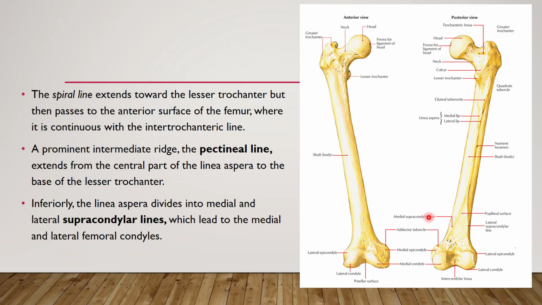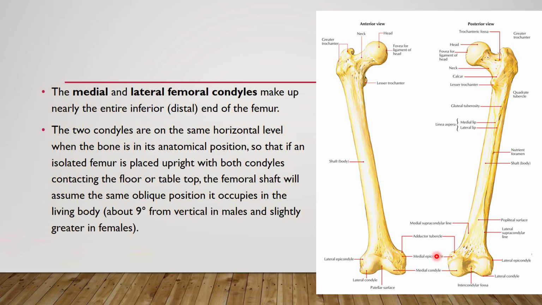The line on the medial side is called the medial supracondylar line. This is the medial supracondylar line, and the line on the lateral side is called the lateral supracondylar line, which lead to the medial and lateral condyles respectively. The medial and lateral femoral condyles make up nearly the entire inferior or distal end of the femur.